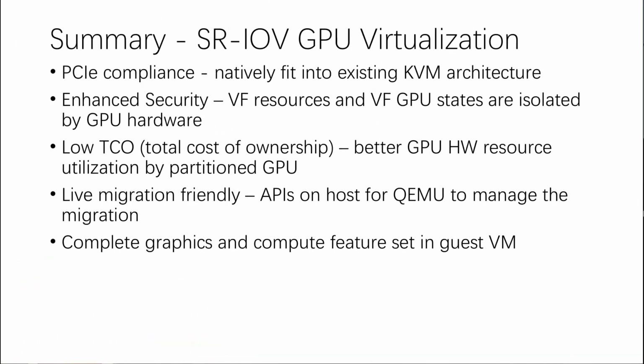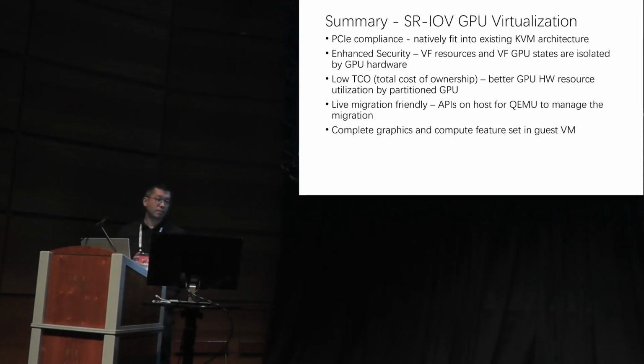It's a summary. I know we're running out of time, but in summary, SR-IOV virtualization has some benefits here. It's PCI compliant, so it natively fits into the KVM architecture. You don't need to do anything extra. It has enhanced security.